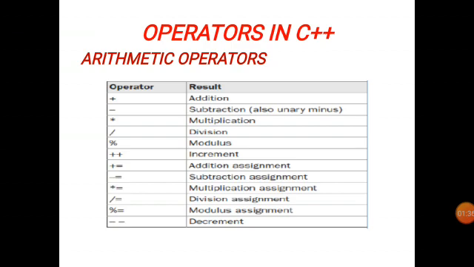Plus means addition, minus means subtraction, asterisk means multiplication, slash means division, then modulus, the increment operator, the addition assignment operator, subtraction, multiplication, division, modulus assignment operators and decrement operators. These are all called arithmetic operators.